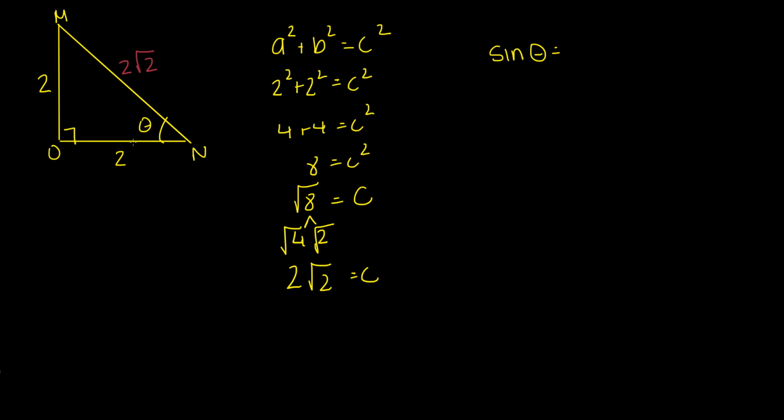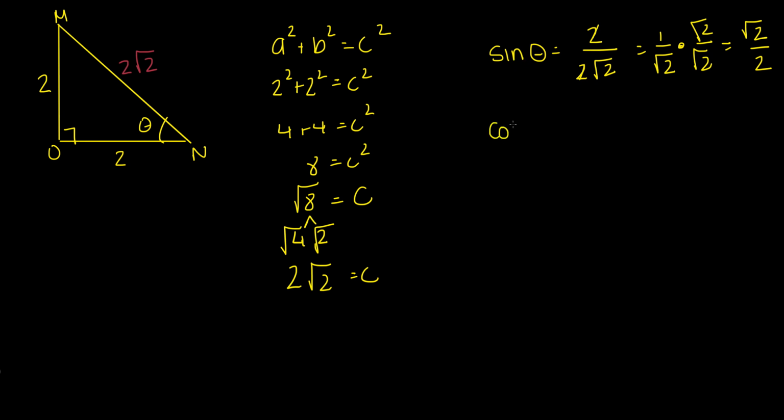This is going to be the opposite over the hypotenuse. These will simplify out, and we get 1 over the square root of 2. I don't really like the square root in the denominator, so we rationalize by multiplying both the numerator and denominator by the square root of 2, and we're left with the square root of 2 over 2. These are special triangles, so these are numbers you would want to start remembering: the sine of theta is the square root of 2 over 2.